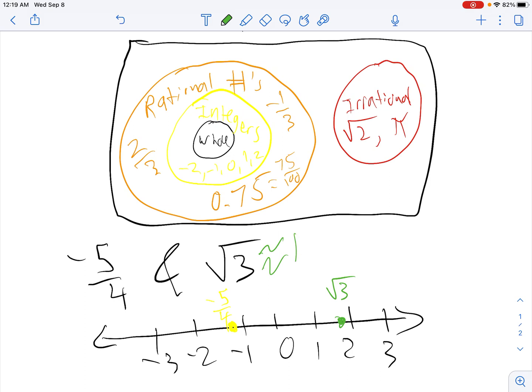This one, I had to use a calculator to find approximately the square root of 3. These squiggly lines, they kind of look like an equal sign, but they're squiggly. That means approximately. And as you can see, we have one number that's negative, one number that's positive. That is totally all right. The square root of 3 would be an irrational number, and -5/4 would be a rational number.